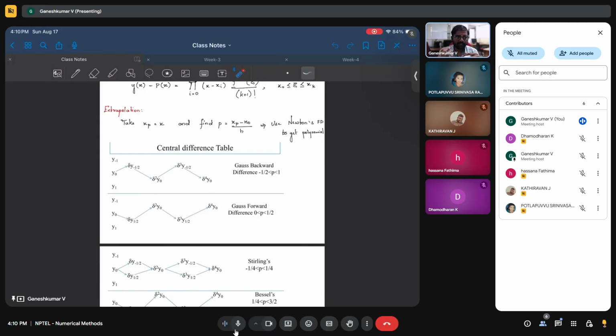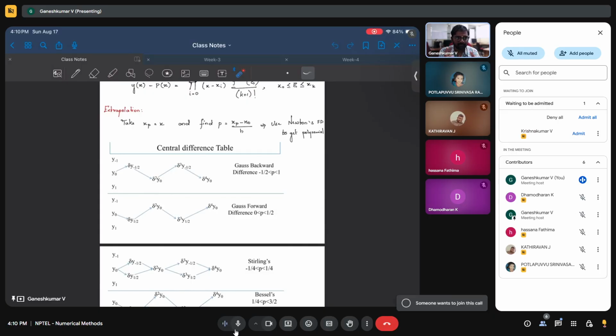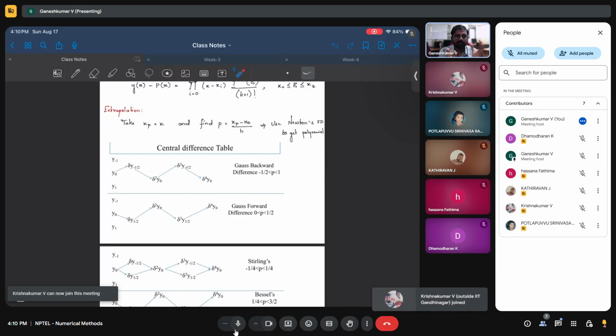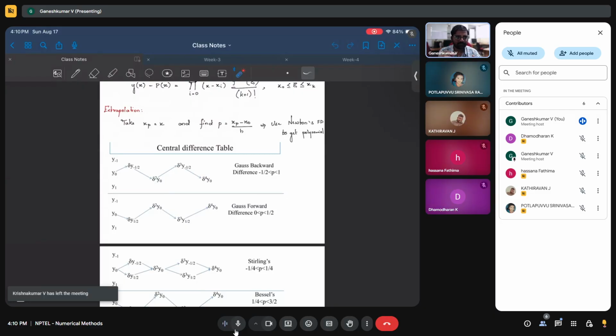When you are trying to find a value for any x, but it is outside the given table, if it comes after the last xi, in this case let's say xk, or it comes before x naught, then it becomes an extrapolation. So these are the two places where you use extrapolation.